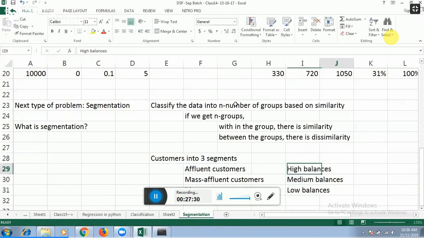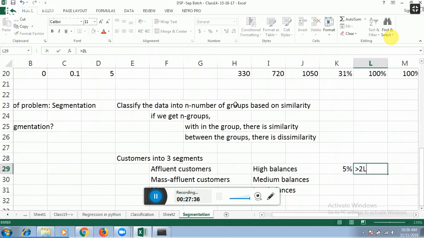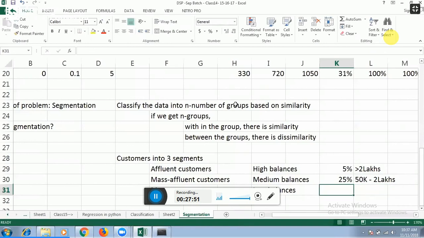Generally, maybe 5% of customers are maintaining high balances, greater than 2 lakhs. Maybe 25% of customers are maintaining between 50,000 and 2 lakhs, and the remaining 70% are maintaining a balance of 50,000.